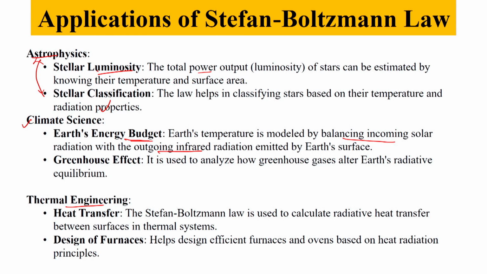This gives a clue that something else is absorbing radiation in the Earth's atmosphere, and that's why the concept of greenhouse gases came. This is also used in thermal engineering, like heat transfer and the designing of furnaces.